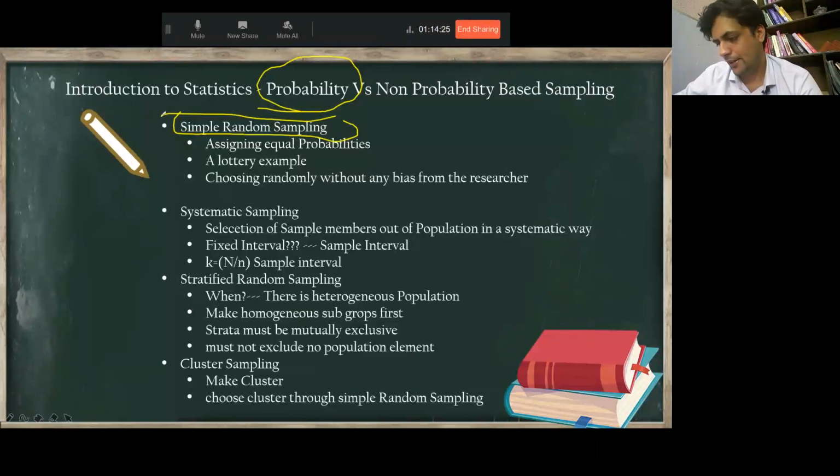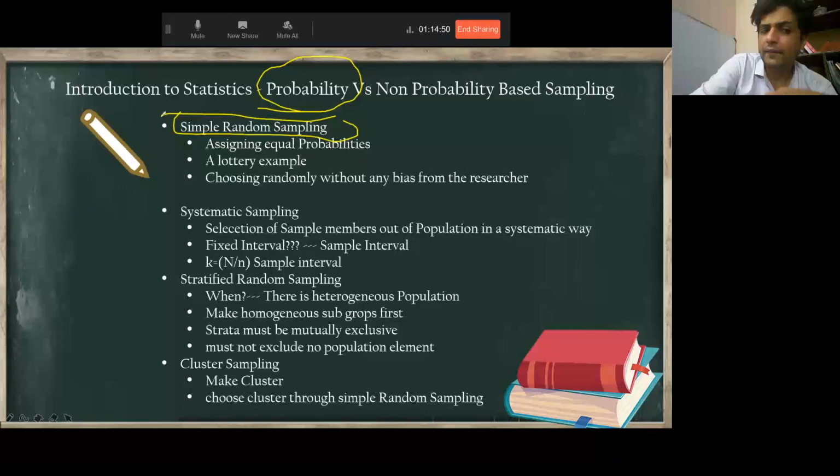Simple random sampling is a sampling scheme in which the probability of any possible subset of the sample is determined by means of a table of random numbers. Once a sampling frame is available, each person in the population is assigned a number.